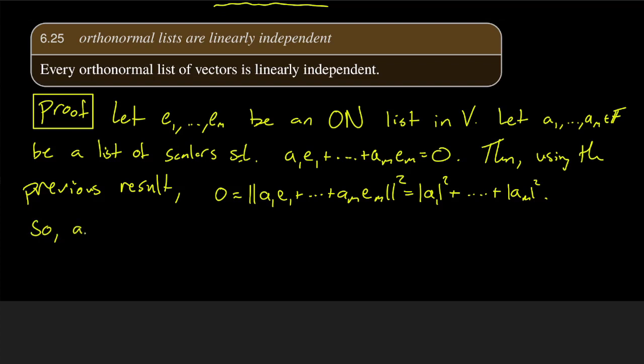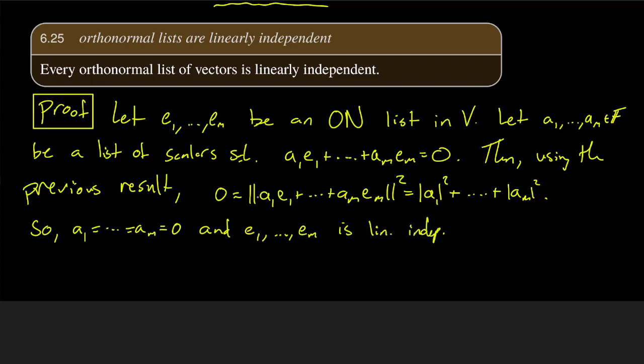So A1 is equal all the way down through AM is equal to 0. And E1 through EM is linearly independent.